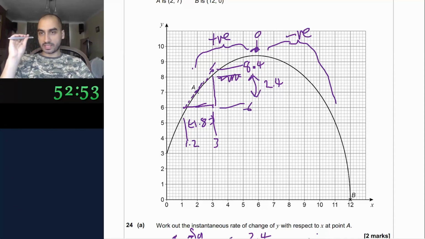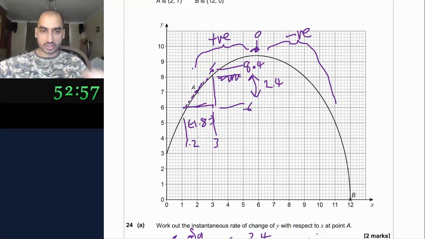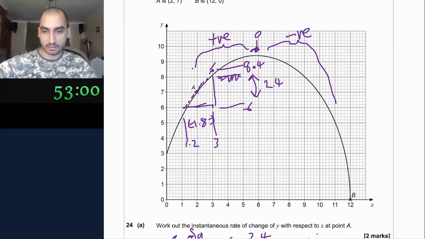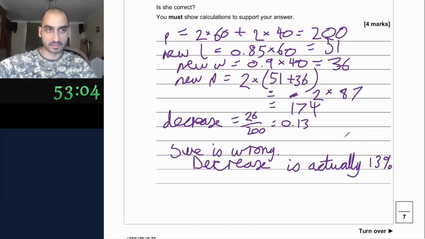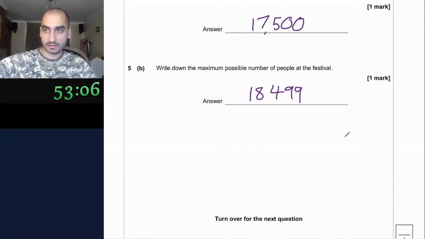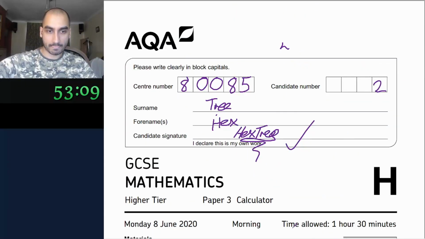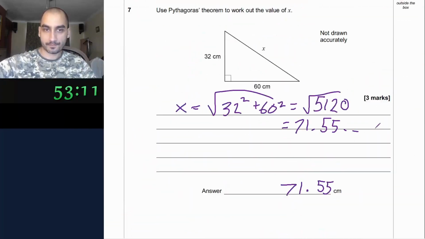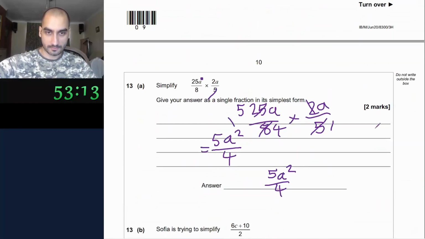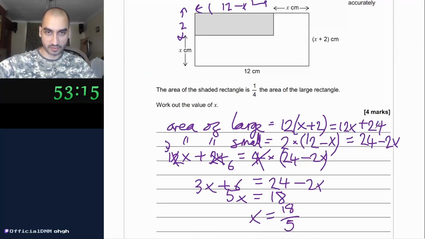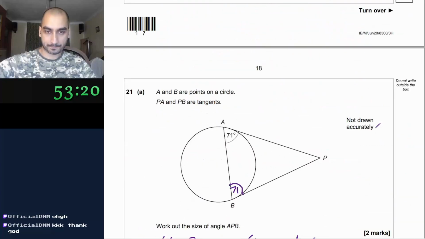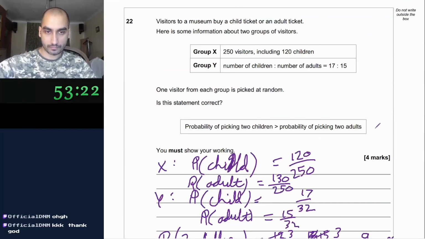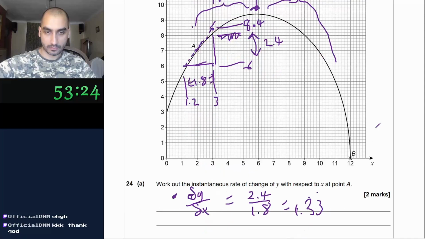Oh, hello, official DNM. Sorry, I didn't see your message pop up. Is this foundation? No, it should be higher. Let me check. If it's foundation, I've picked the wrong exam and this whole stream was wasted. No, it's higher tier. Thank goodness. Because the first two papers I did were the first two higher ones. Where was I?